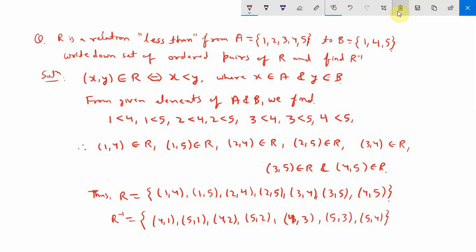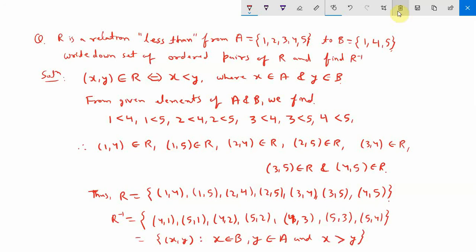Okay. So if we define R inverse, we can write this equal to {(x, y) such that x is an element of B, y is an element of A, and x is greater than y}. Okay, friends. So we have represented this in the set builder form.